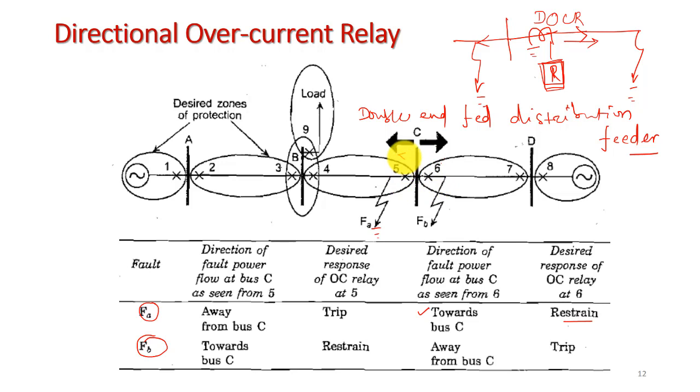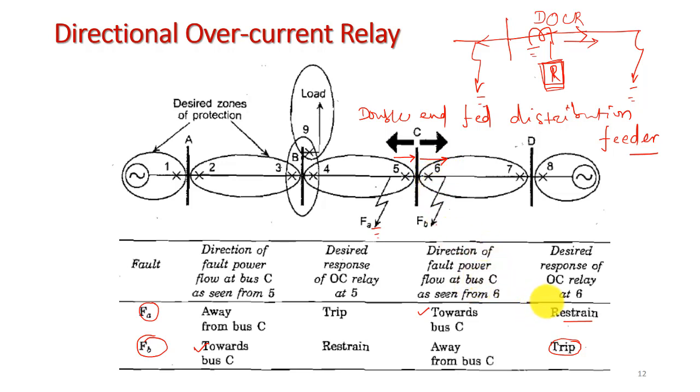When we look from relay 5 for the fault FB, the power flow will be towards bus C. And when we see it from relay 6, with the fault at FB, it is away from bus C. That means the desired operation for relay 6 is trip for FB, when the power is flowing away from bus C as seen by relay 6.